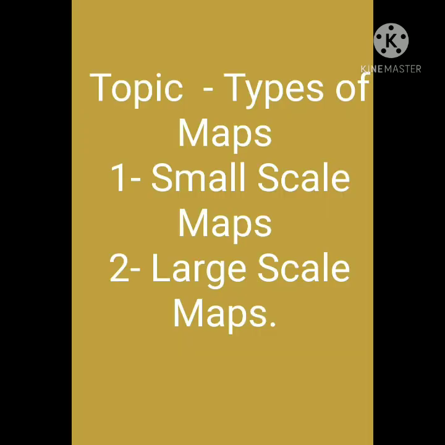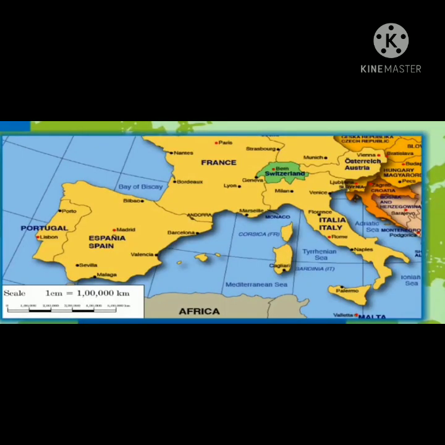Now we will understand what are small scale maps and large scale maps. When a large area is shown on paper, very few details may be marked. For example, a map of a continent with 1 centimeter equal to 1 lakh kilometer cannot show the detail of a city.